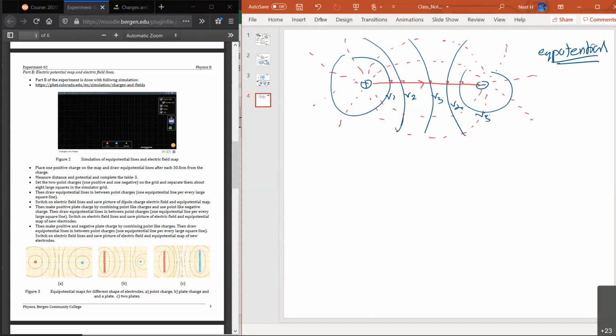So you have to put the arrows if this is an in-class experiment. Then we have the electric field map. Make sense? Get the idea? So this red line is actually the electric field map. We're going to get the electric field map by mapping the equipotential lines. That's the plan if this is an in-class experiment.